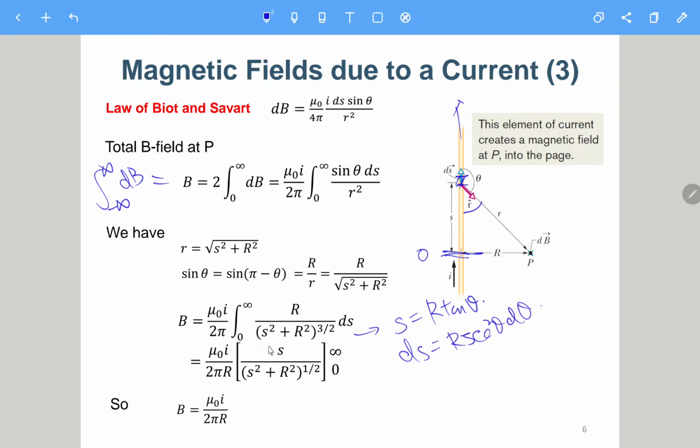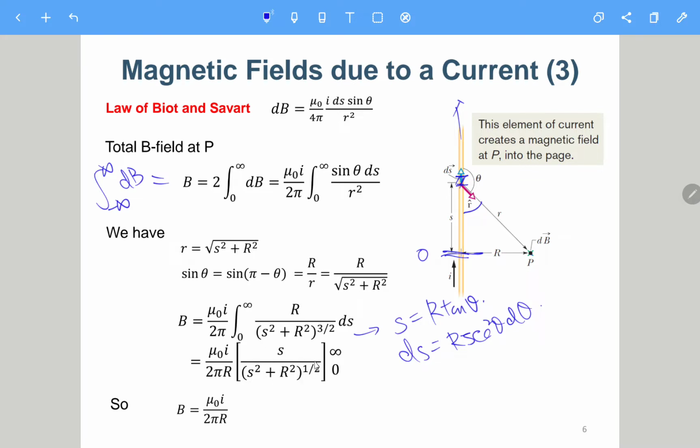And then finally the answer will be like s over the square root of s squared plus capital R squared, and then we evaluate from 0 to infinity. So when you plug in s equals infinity, this term will be 1, because if s is infinitely large, R squared is very small, so we take the square root, which will be s, and we cancel it with this one.